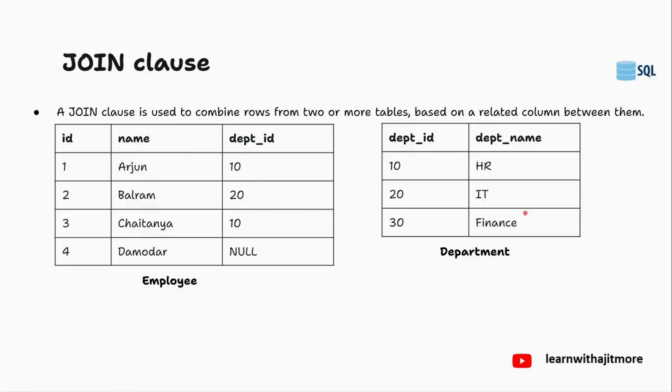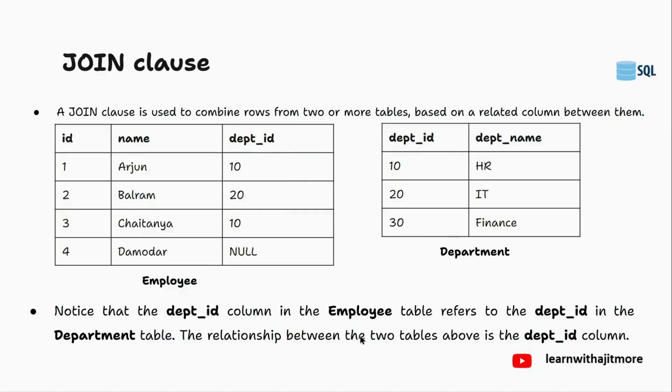So this is the employee table and this is the department table, and they are related to each other based on department ID. See here, notice that the department ID column in the employee table is referring to the department ID of the department table.